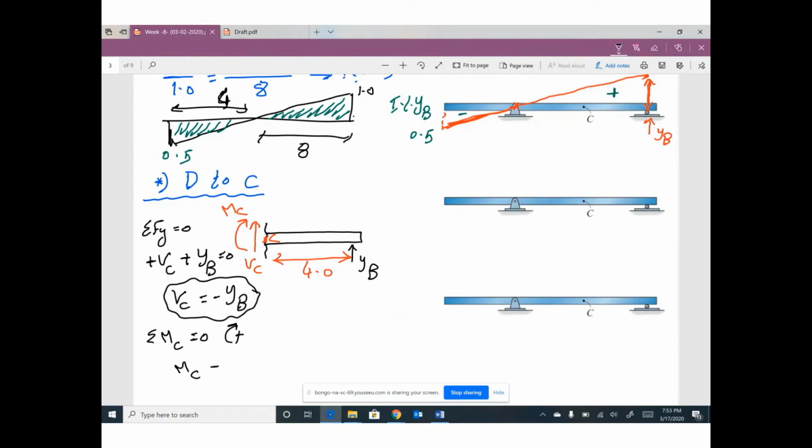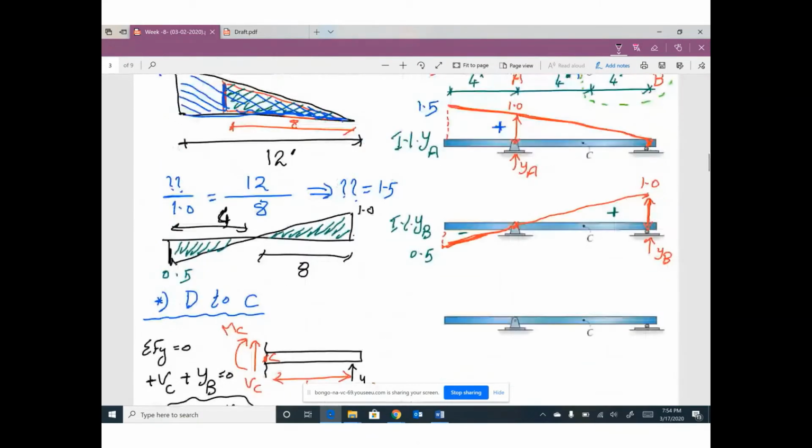And we have negative YB times distance 4, opposite your assumed direction, equals 0. Finally, MC equals positive 4 YB. This is the second equation. Okay, so the first trip of your moving load from D to C is done.